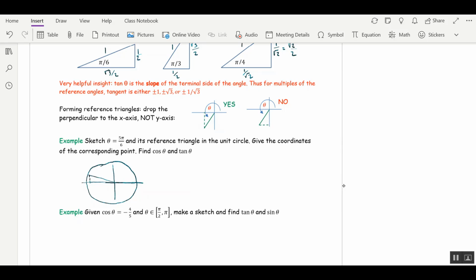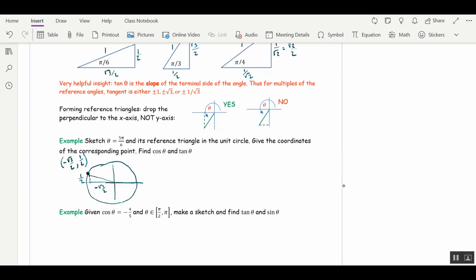So the short side is a half, and the adjacent side is root 3 over 2, but I'm going to write negative root 3 over 2 because that's the x-coordinate, and I'm in quadrant 2. So the coordinates of this point would be negative root 3 over 2, comma, 1/2.